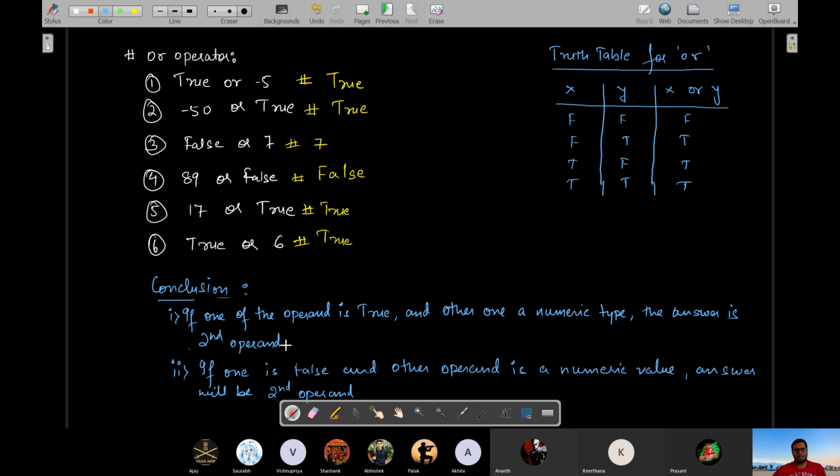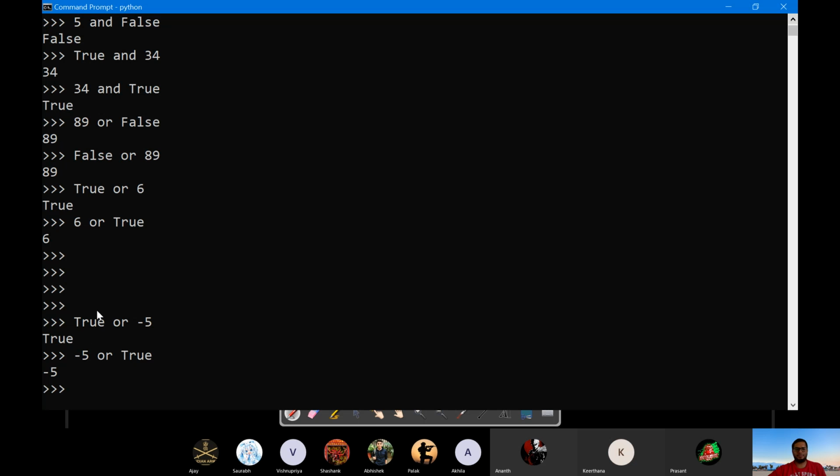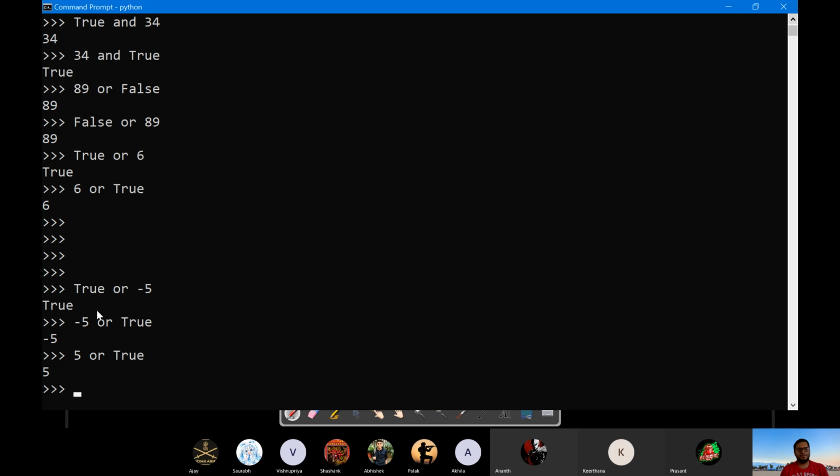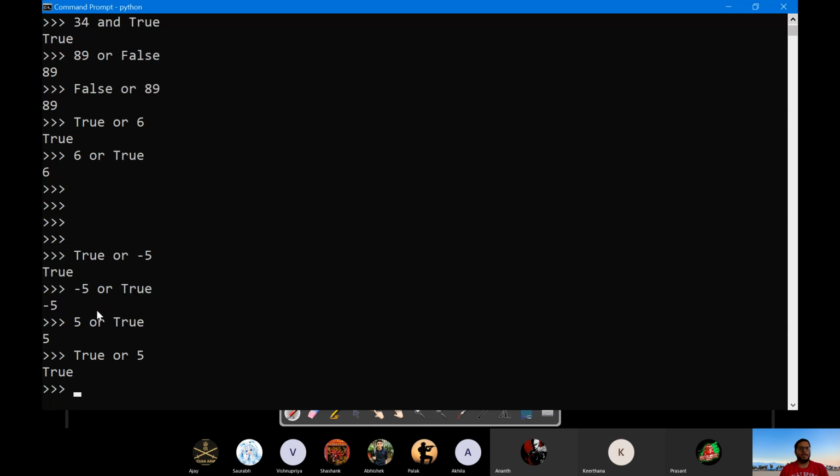ओके, वही देख रहे हैं हम लोग. एक और वैल्यू के साथ ट्राई कर लेते हैं. लेट्स मेक इट पॉजिटिव. 5 no, not the second operand. 2 or 5. Okay, not the second.